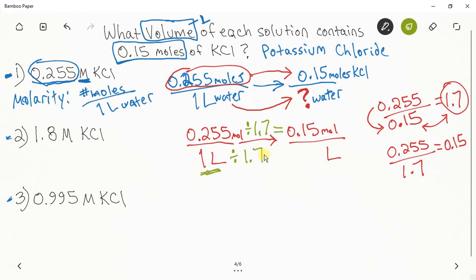So if you take your calculator and you go 1 divided by 1.7, that's going to give us 0.5882.